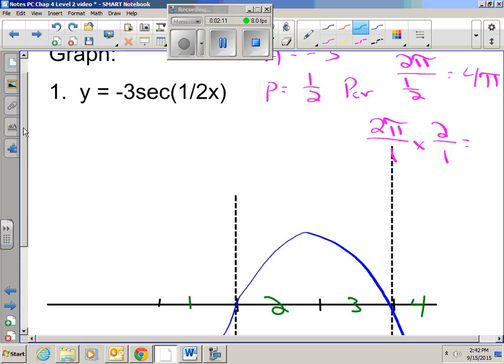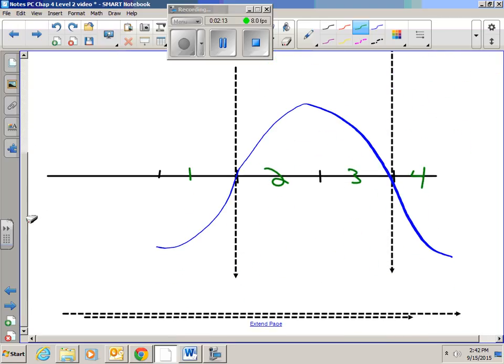My amplitude was 3, so this is as low as -3 and this is as high as +3, and my total period was 4 pi. So if this is 0, this is pi, this is 2 pi, this is 3 pi, and this point right here is 4 pi.